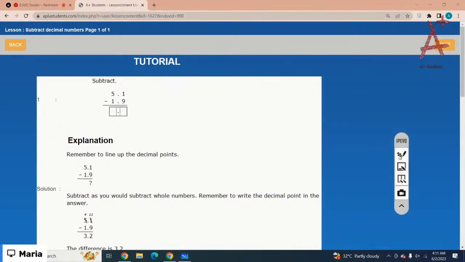So you have to borrow 1. When you borrow 1, you are left with 4. It makes 11 here. 11 take away 9 is 2 and 4 take away 1 is 3. It would be 3.2. Got it? Let's just start with the test questions.